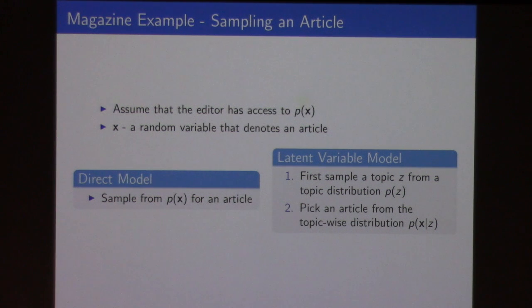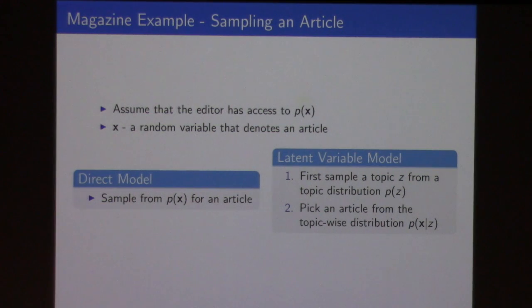She has a distribution, probably a multinoulli distribution, which will give her a number between 1 and 4. Then she has 4 distributions, one for each of these topics. This z will tell her which box to choose. She'll take one of those boxes and sample an article from this particular topic.